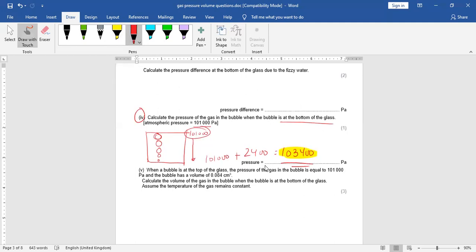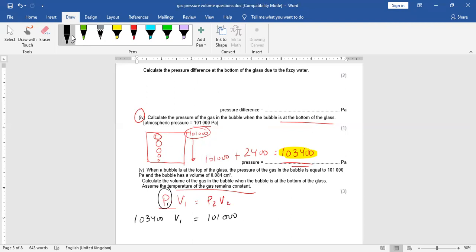So we assume that the temperature of the gas remains constant. The first pressure, you can assume it's at the bottom, is 103,400, and this is the volume. Now this is the pressure at the top.